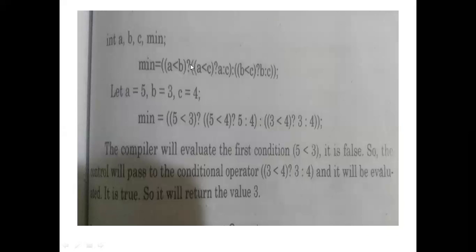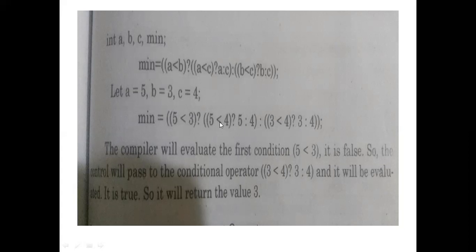Next, a nested conditional operator is used here. Integer a, b, c, minimum equal to, it is written nestedly, ternary operators are used. Here the first inner parenthesis will be evaluated first. 3 is less than 4, it is true, so this expression returns 3.